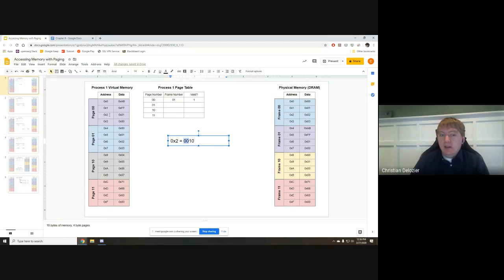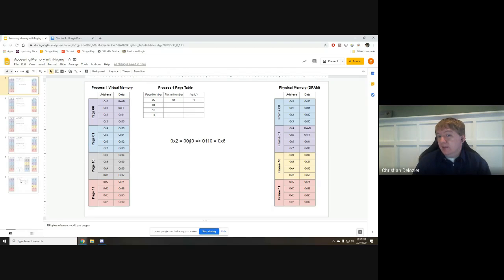And if we're looking here in the page, the address 0x2 is mapping to 0x01, the byte data that we have in memory. That's like the character or some part of an integer we're storing possibly. If we use this mapping, we take the page number that already exists and swap it out for the frame number. So now we have 0110, and that should be equal to, in hex, 0x6, right?